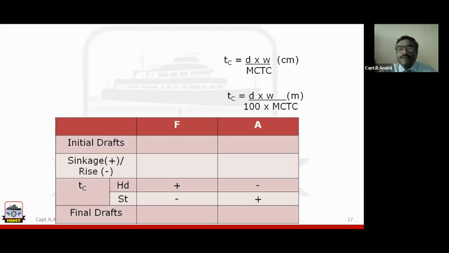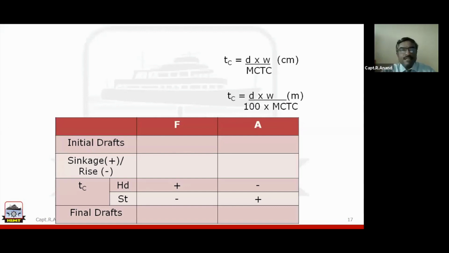Total trim change. Again, if you're not able to understand, let me go back to the comparison with TPC. So my TPC is 25 tons. If I'm going to load 100 tons, how many centimeters will my draft change, bodily sinkage or rise? 4 centimeters.